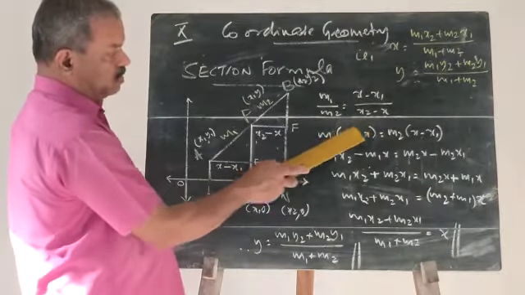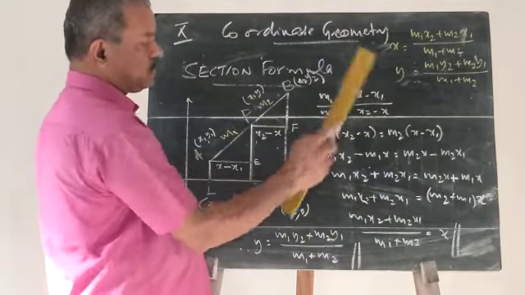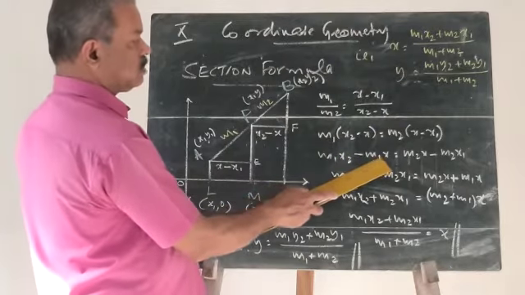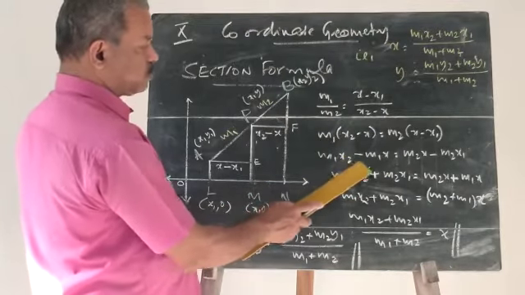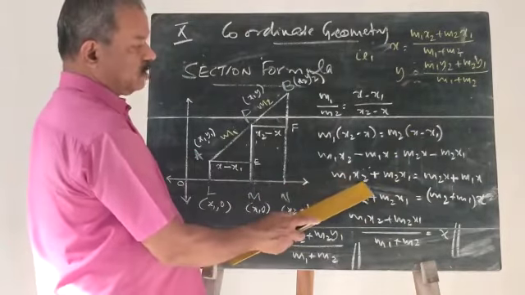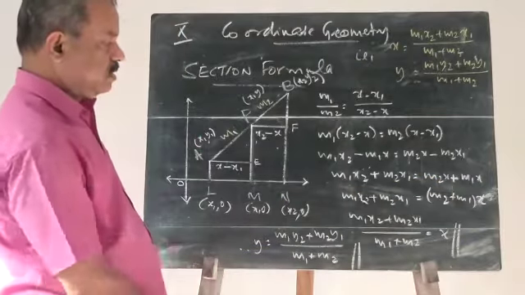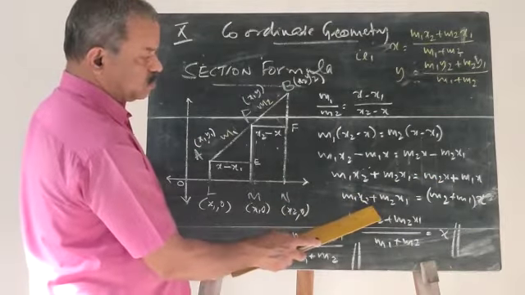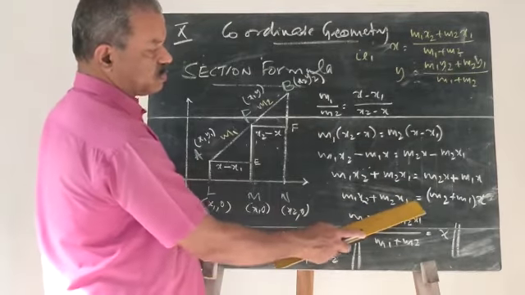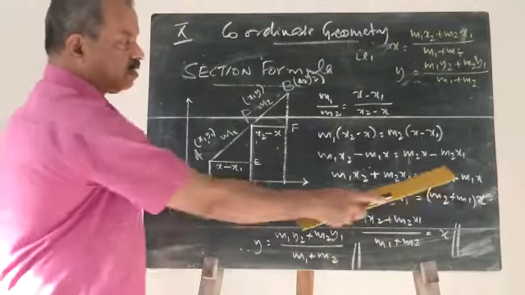By cross multiplication, we get m1 into (x2 minus x) equal to m2 into (x minus x1). Then simplification: m1 x2 minus m1 x equal to m2 x minus m2 x1. So m1 x2 plus m2 x1 equal to (m1 plus m2) x, taking the common factor.